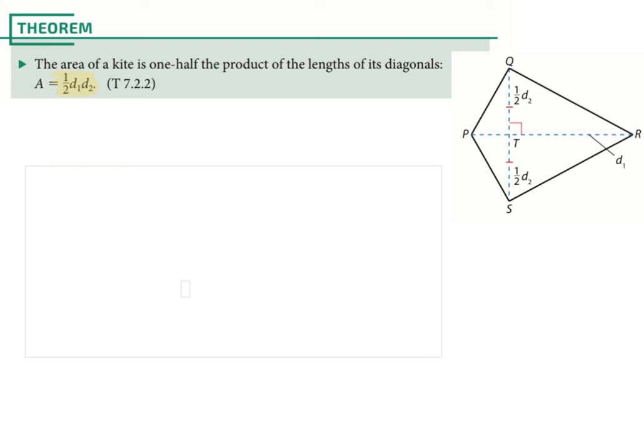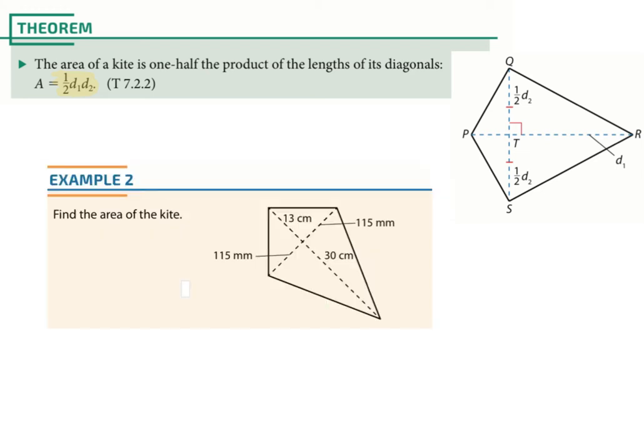All right, so let's look at how we use it here. They've given us this kite. Now, in this particular case, they didn't give me the diagonal length, so pay attention to what they've done. They've given me 115 millimeters here, 115 millimeters here, and then 13 centimeters here and 30 centimeters here.